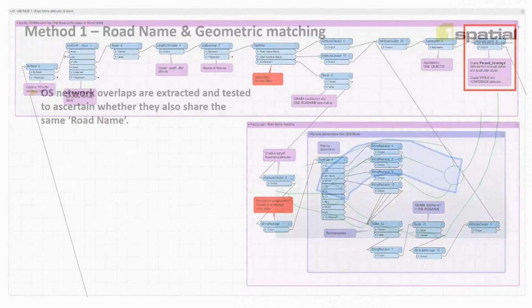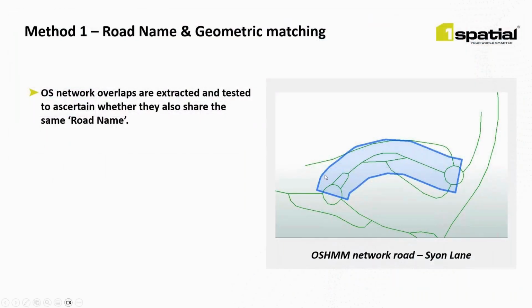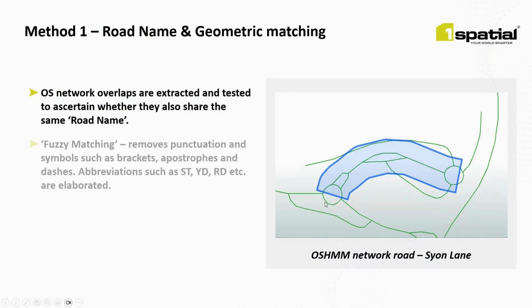And this took the form, just for example's sake, with the fuzzy matching and the road name. Just in this example here, we can see the Ordnance Survey data within the same buffer as before.